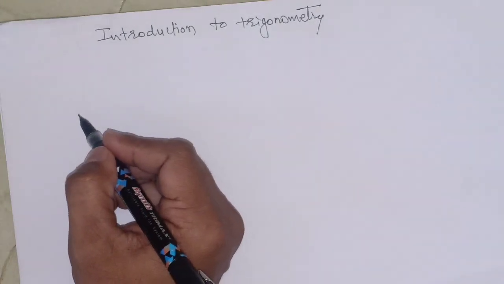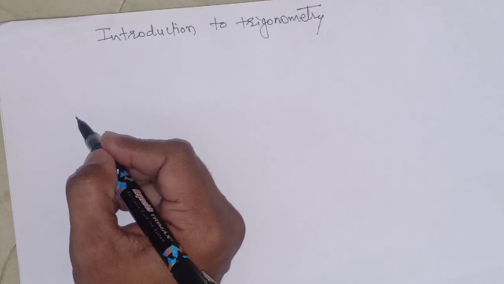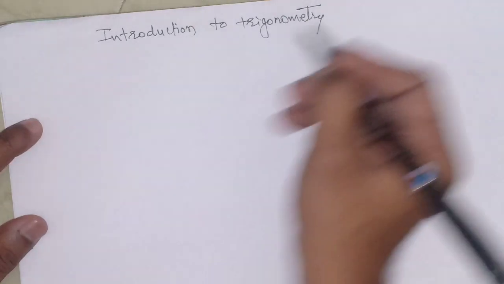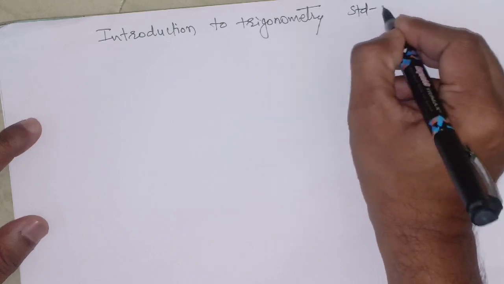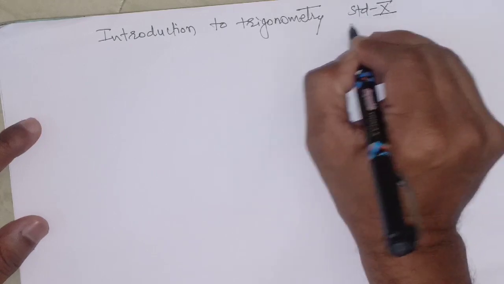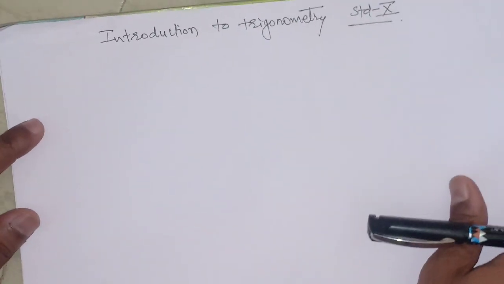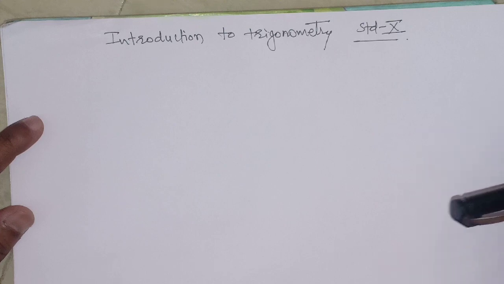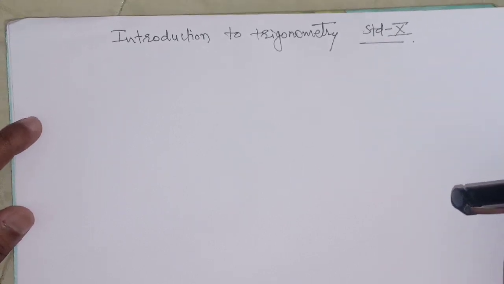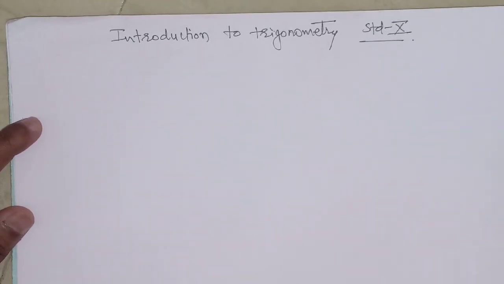Introduction was already completed in standard 9th, but in 10th standard, we are going to see how the ratios are and how those ratios are applied to a right angled triangle.